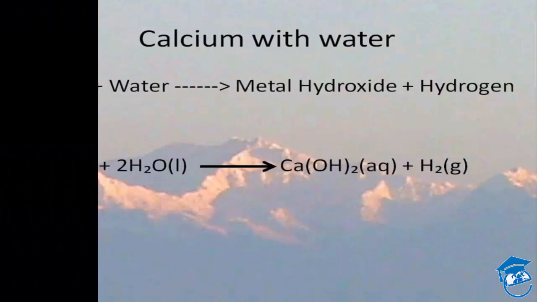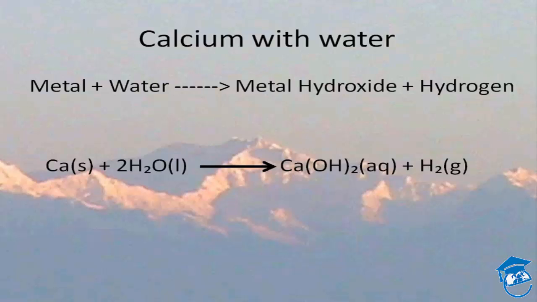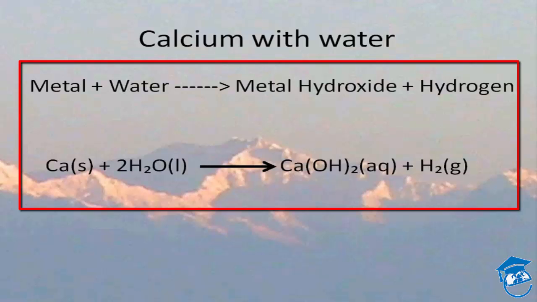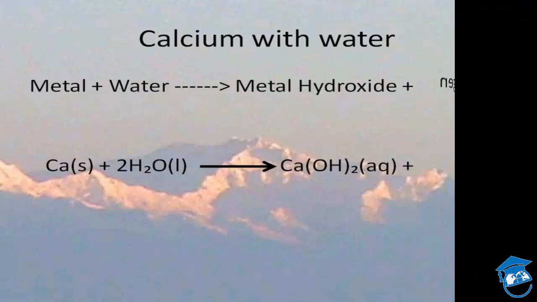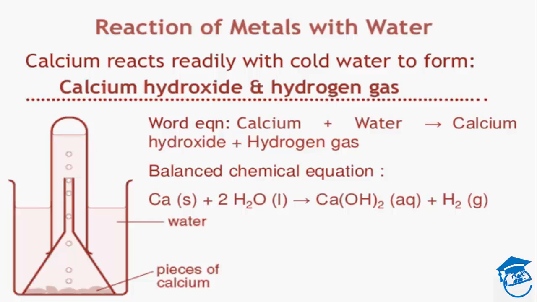Now coming to the reaction part. If we generalize the reaction, when a metal reacts with water, it gives a metal hydroxide and hydrogen gas is formed. In the case of calcium, it reacts readily with water to form calcium hydroxide and hydrogen gas.